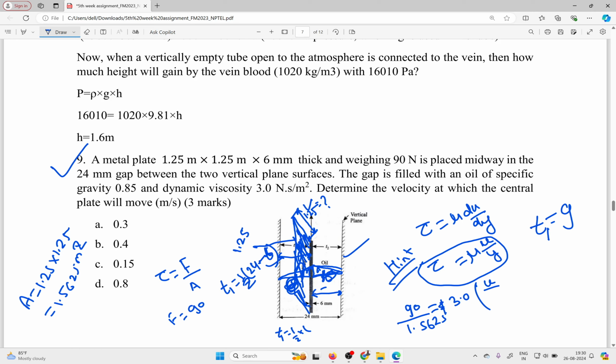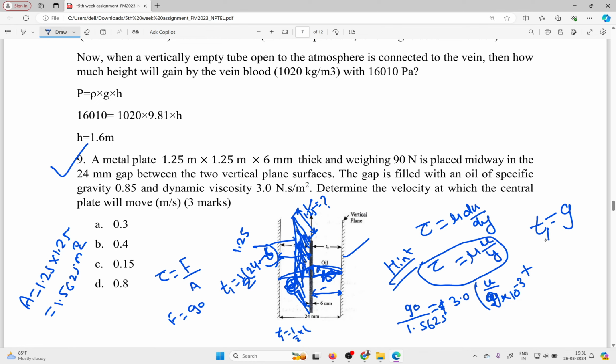After that, you will take U divided by the thickness. The thickness T1 is 9 mm, that is 9 into 10 to the power minus 3, because it is in mm.